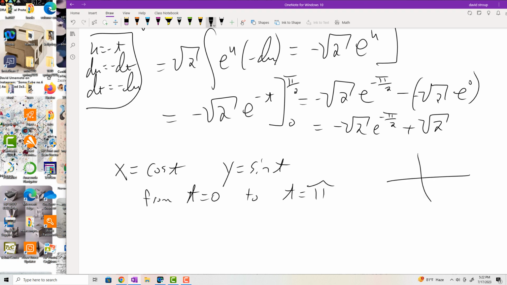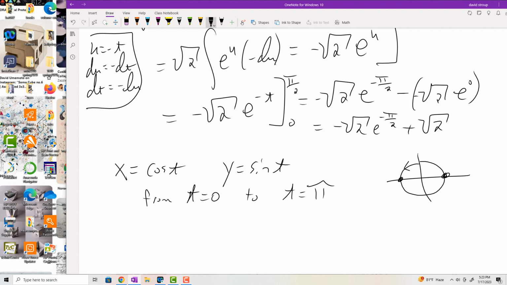If you were to graph that, you eliminate the parameter, you get cosine squared plus sine squared is equal to 1. That'd be x squared plus y squared is equal to 1. But the parameter going from 0 to pi is going to go from here and then have that orientation to there.